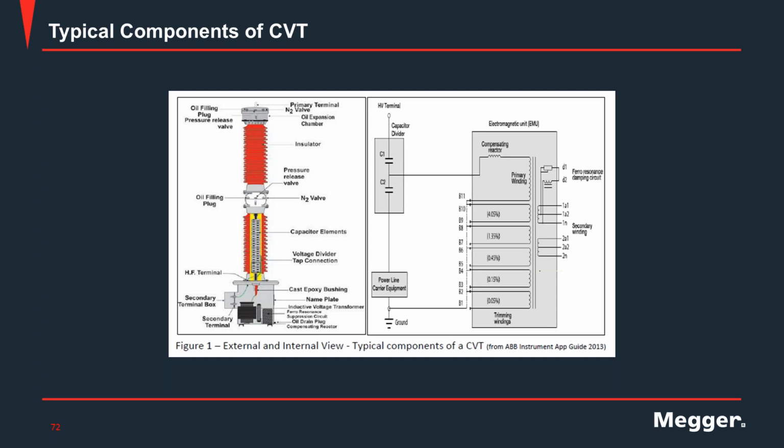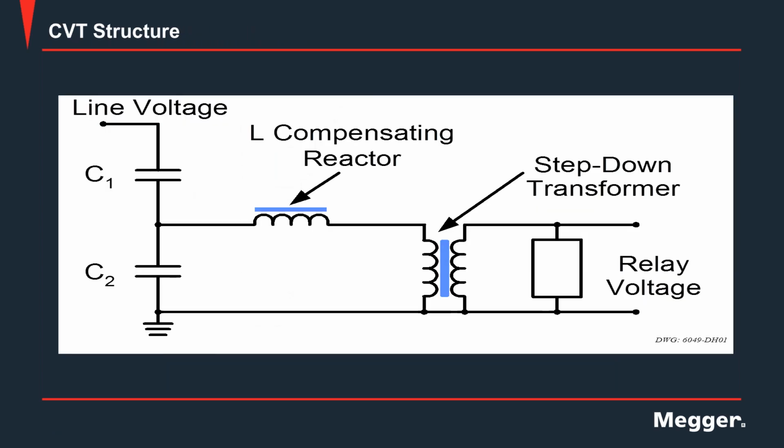Typically, the components of the CVT are as you can see in this diagram. I will not go into details of these components, but as you can see in the diagram, we have a lot of components, and it is noticeable that we have a capacitor divider here, and we have a transformer. Looking at the CVT structure, again, we have the capacitor, the compensating reactor, and a step-down transformer before it goes to the relay.